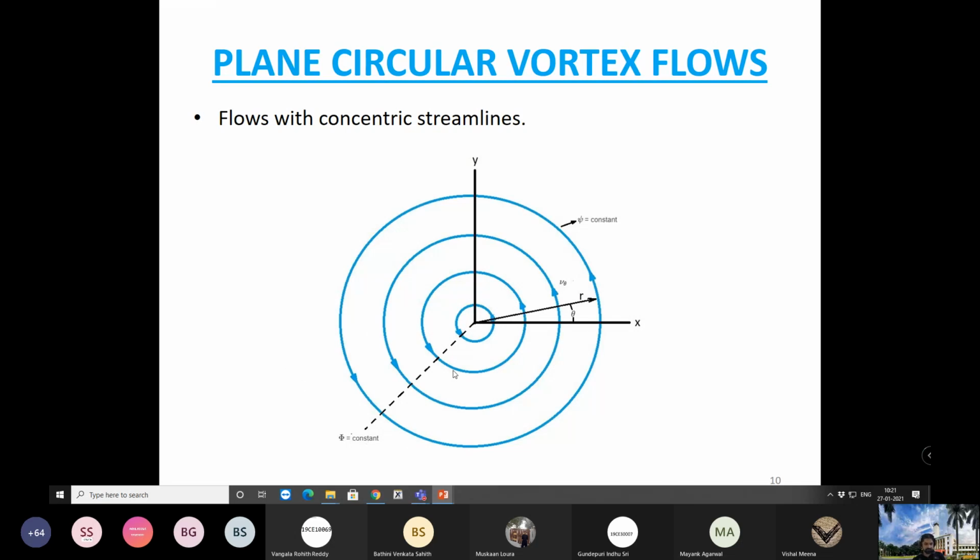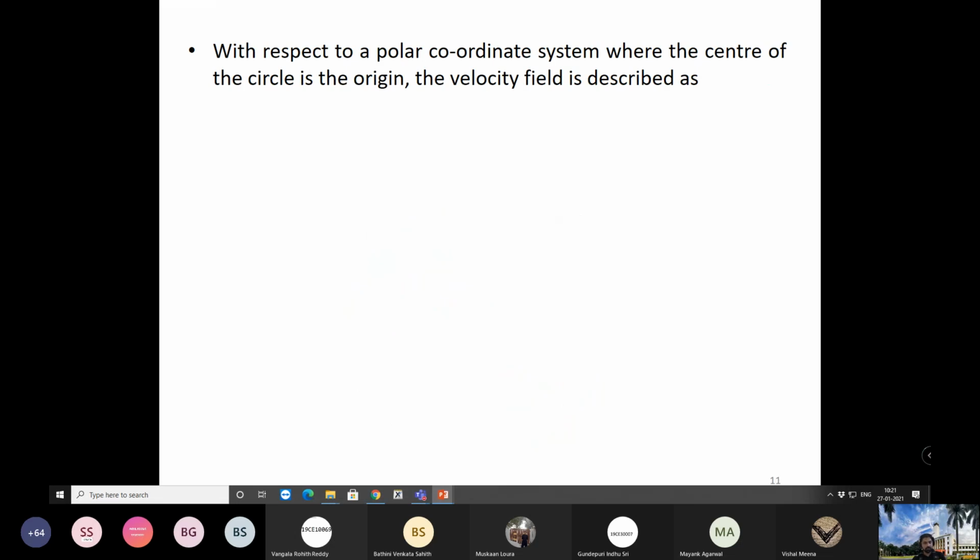Here for each of these lines, phi is equal to constant. Now with respect to the polar coordinate system, where the center of the circle is the origin, the velocity field is written as follows. I am pretty sure you might have read about polar coordinates, but if you have not, please go and see. Like we have Cartesian coordinates x, y, z, there are polar coordinates in terms of r and theta, where r is the radius and theta is the angle.